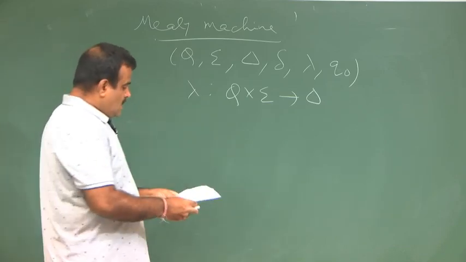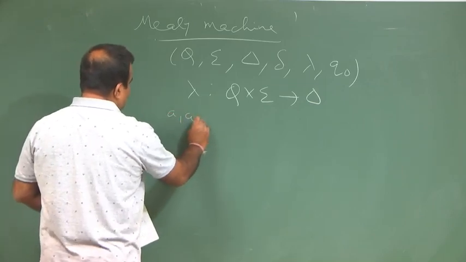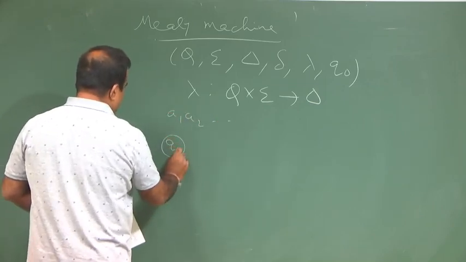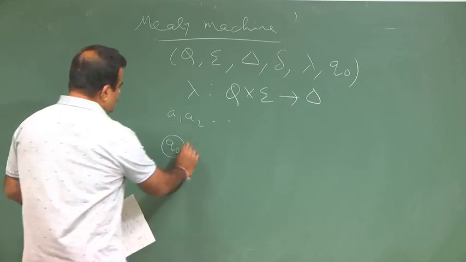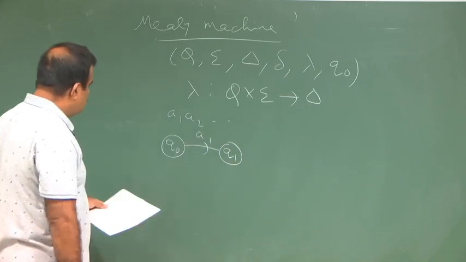Suppose we are reading A1, A2, and so on, and we are at Q0. Suppose by A1 we go to Q1. What will be the output?